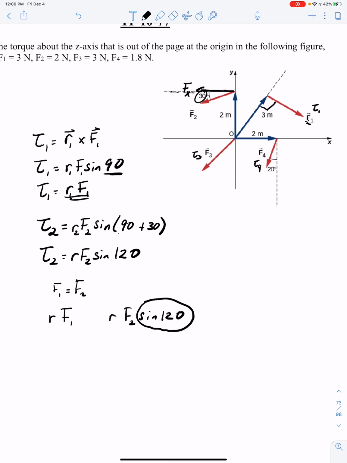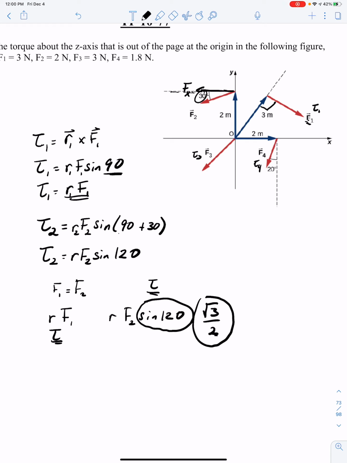We believe the angle is the square root of 3 over 2. Already, this right here diminishes the potency of the torque because it is at an angle, whereas this one maintains the strongest torque.